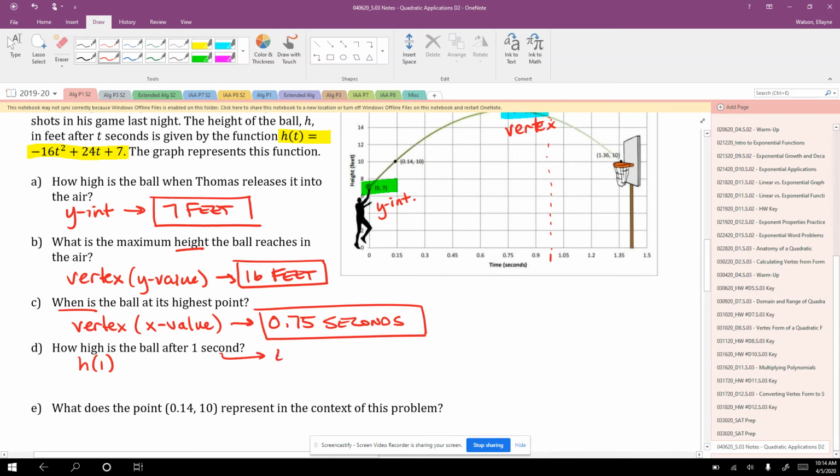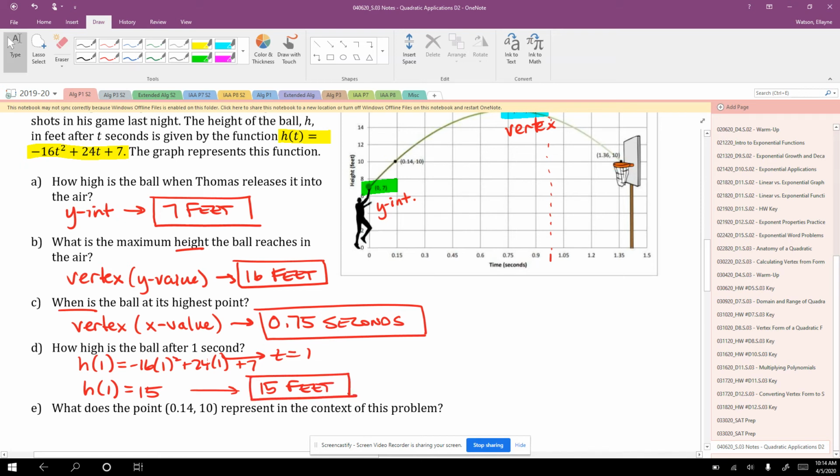So h of 1 is equal to negative 16, 1 squared, plus 24 times 1, plus 7. And again, plug that right into your calculator. I'll read it to you how I plug it into mine. I do negative 16 times parentheses 1 squared, or 1 caret 2, plus 24 times 1 plus 7. Then I get 15. So how high is the ball after 1 second? 15 feet.